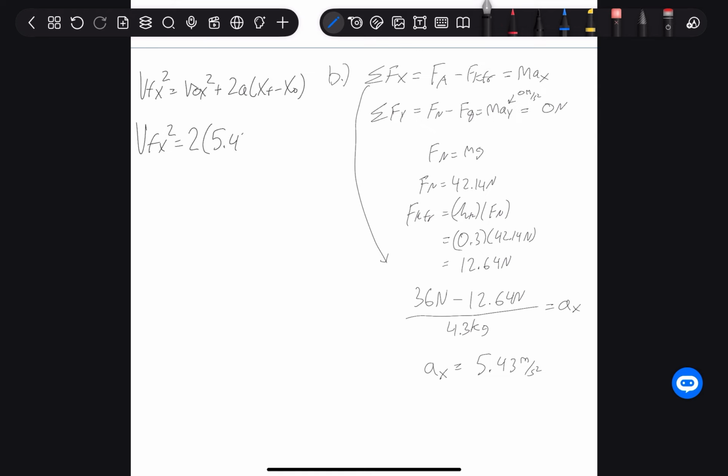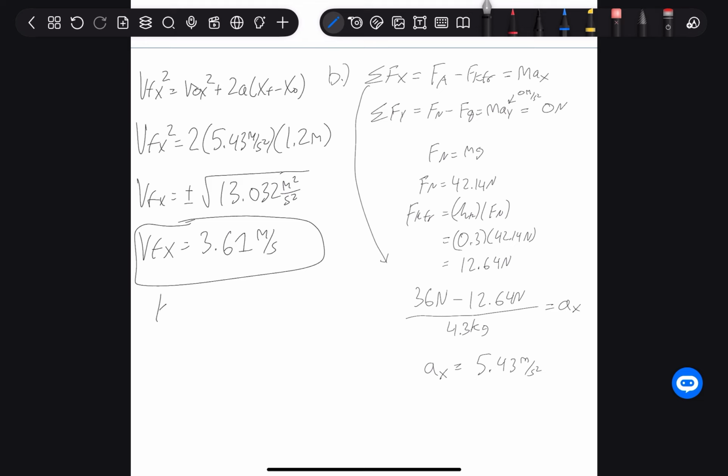So I'm just going to plug in the values here. Plug that into my calculator. I'm going to take the square root. And that's the value that I get.